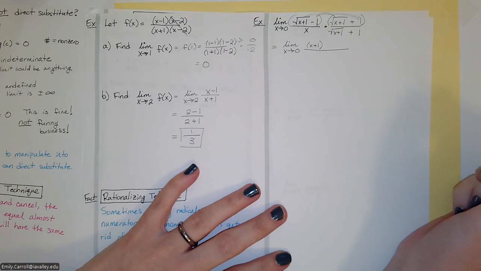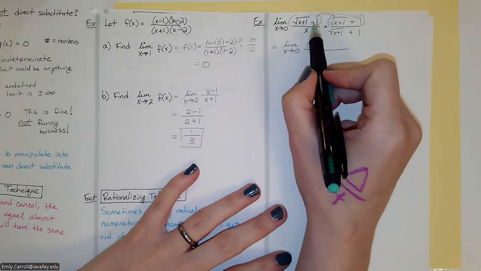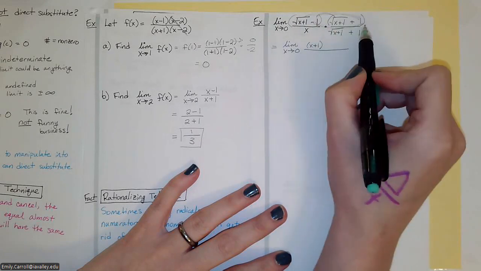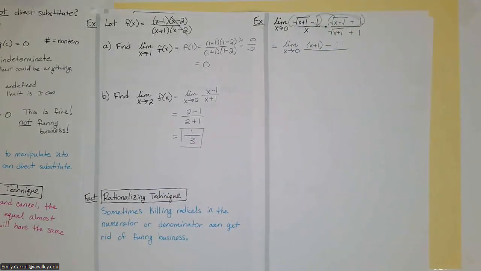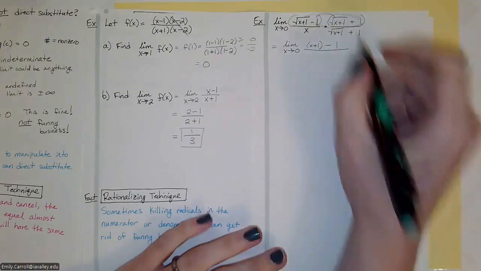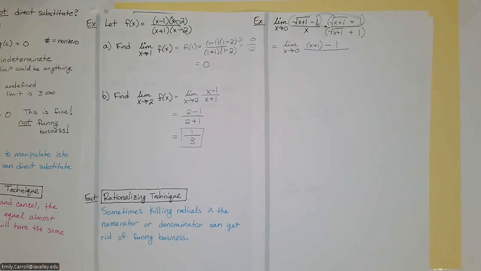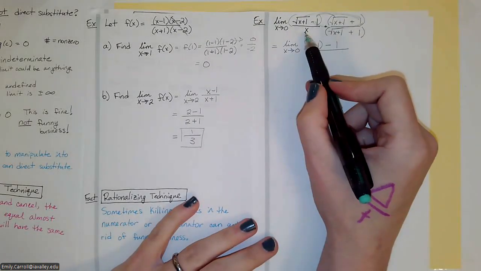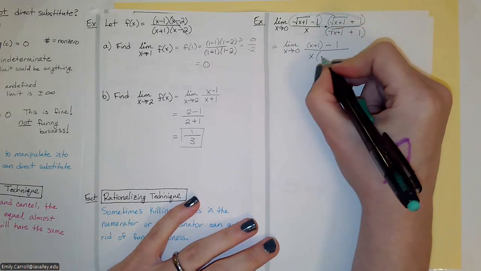So those are going to kill each other off. They're going to cancel. And then minus 1 times plus 1 is minus 1. On the bottom, we need invisible parentheses around there. This is going to need to be distributed, but I'll do that on a separate line.